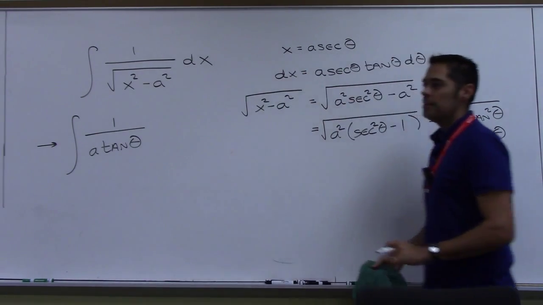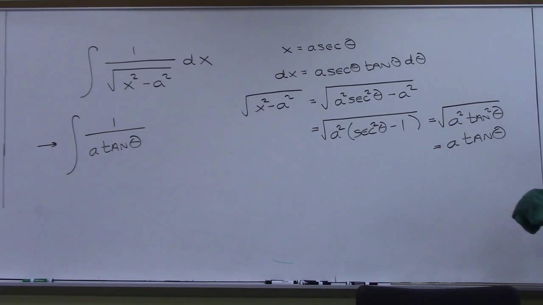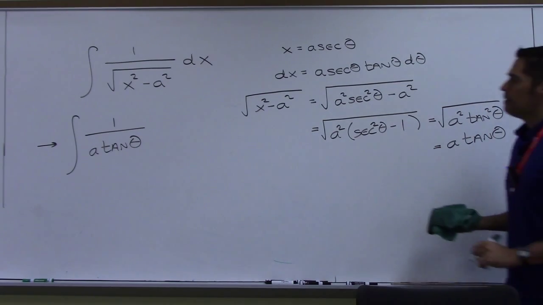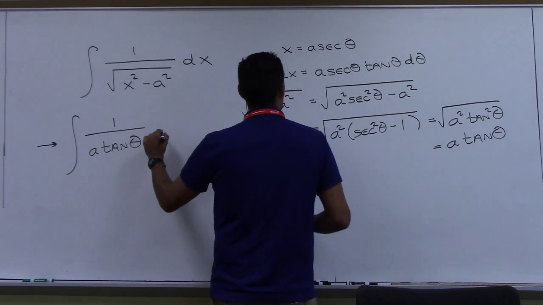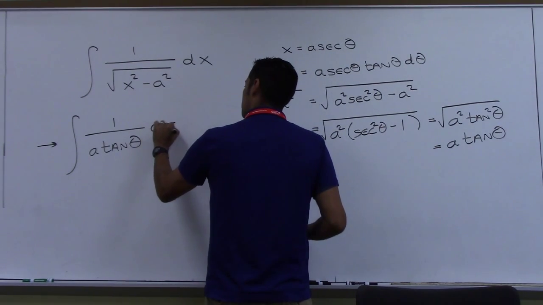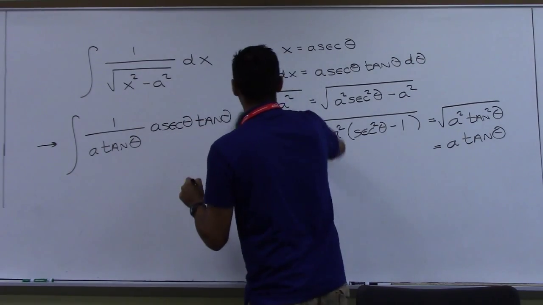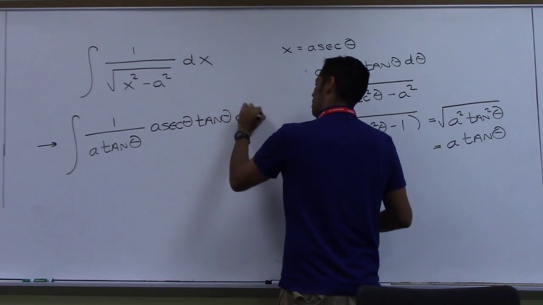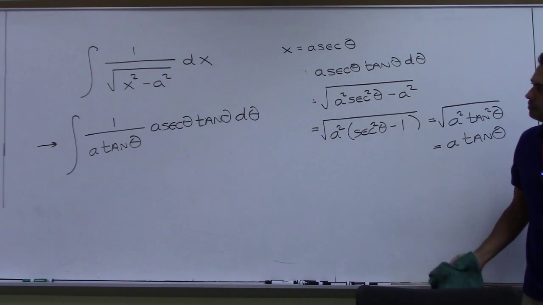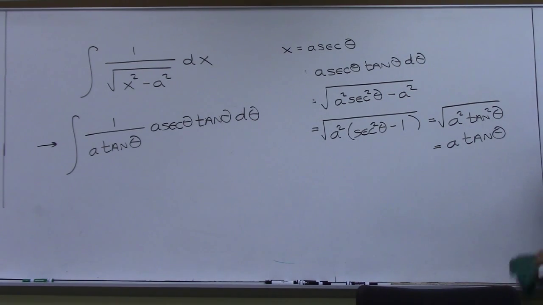Okay, and then dx. Chris, you keep going. dx would be a secant theta tangent theta d theta. All right, good. What can we do with that?